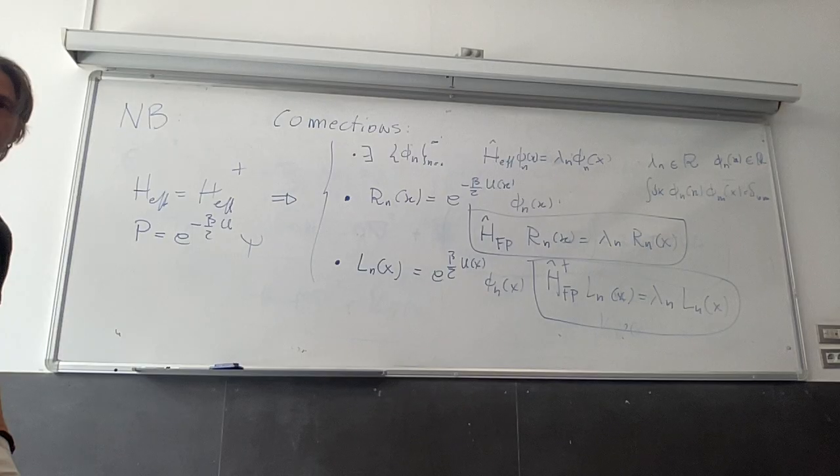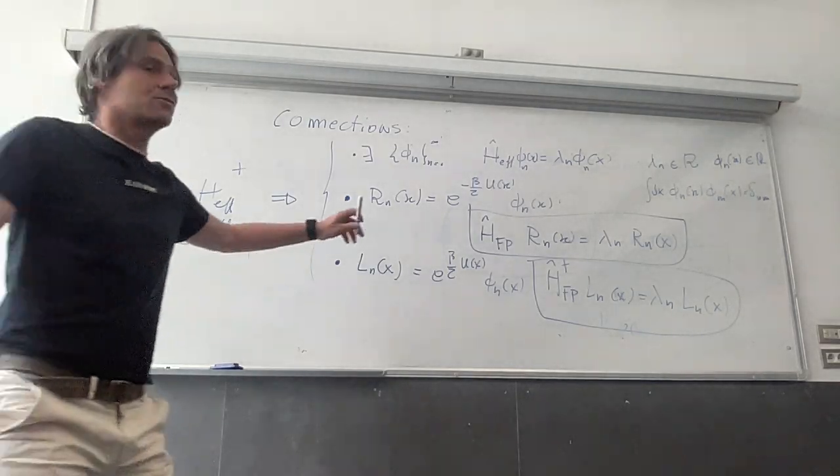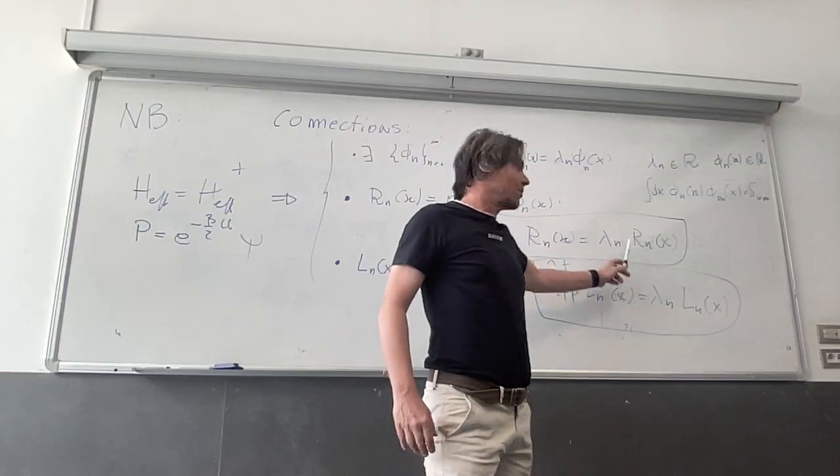Okay? Why worry about this? Well, it's a very special non-Hermitian equation where the right and left, the adjoints, are related by these transformations, and they are non-unitary transformations. So they have the same spectrum. It's a real spectrum.